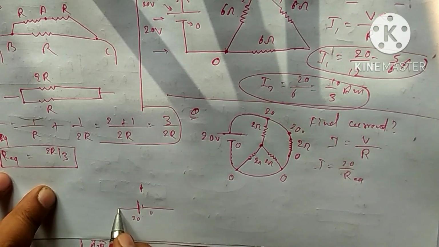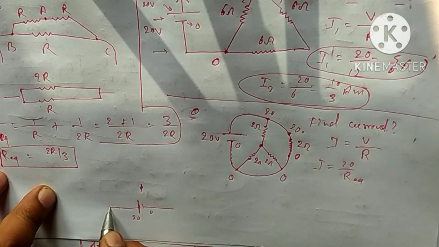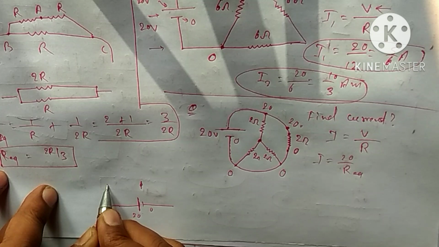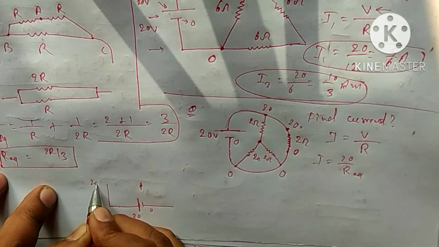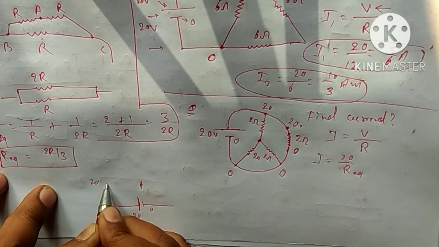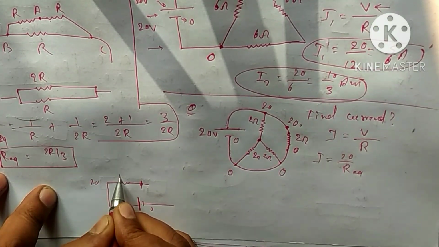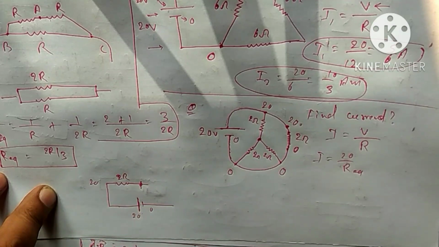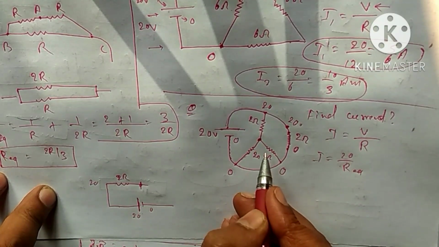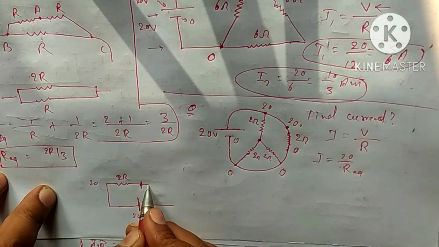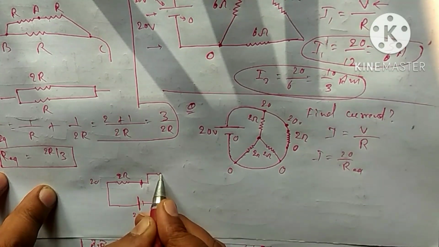So after arranging, we have 20 volt here, so we write 20 volt. But after going toward this side, two resistances come. So here we write 2R, and again these and these are in parallel. We can take them in parallel.